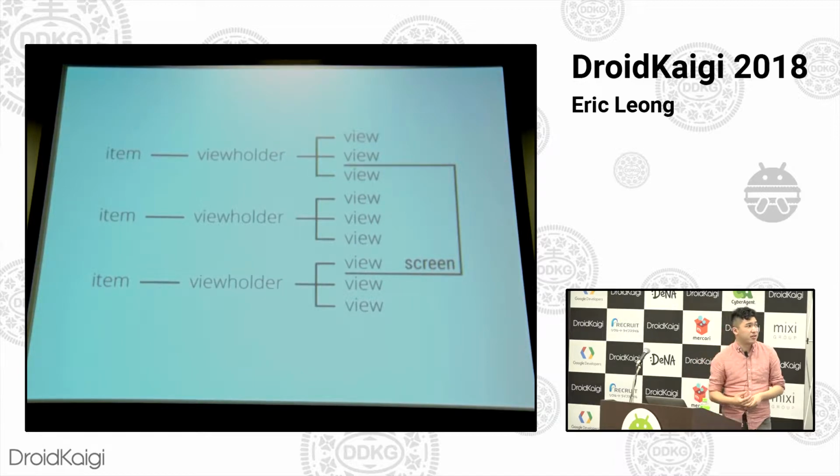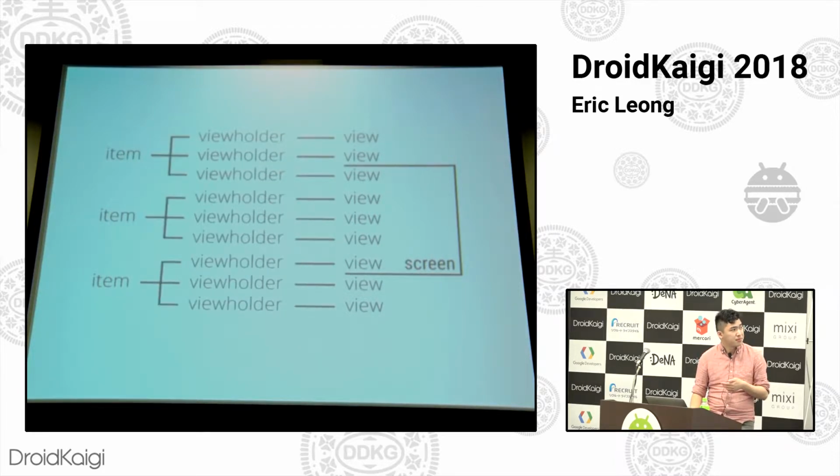And that's where this one-to-one mapping starts to really break down in terms of memory usage and scroll performance, especially because you need to inflate and bind these huge views. So what we're going to try to move towards is an architecture where view holders hold a smaller number of views.